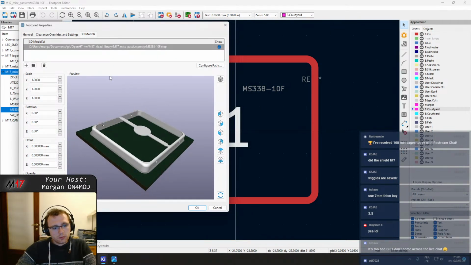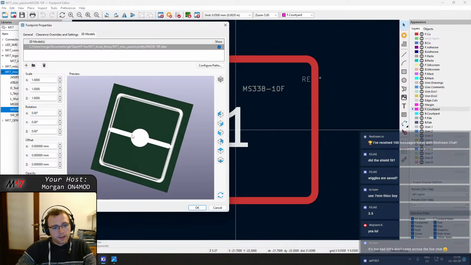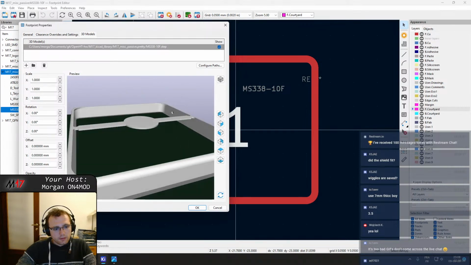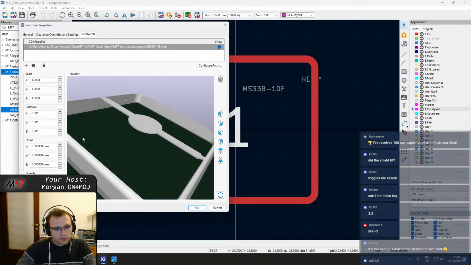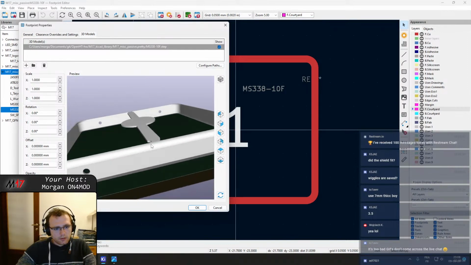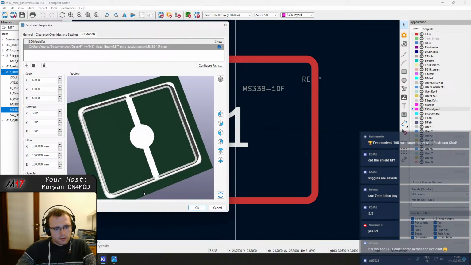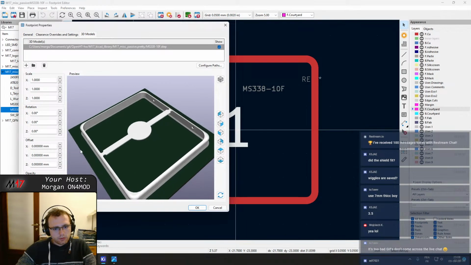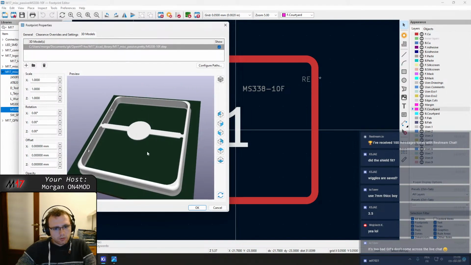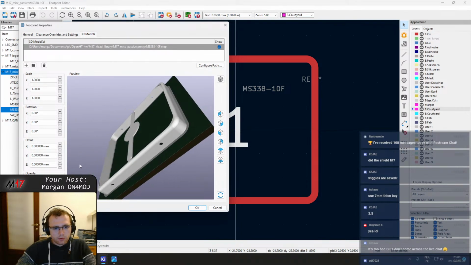Woo! It actually seems perfect. And it's actually square, so yeah, okay.